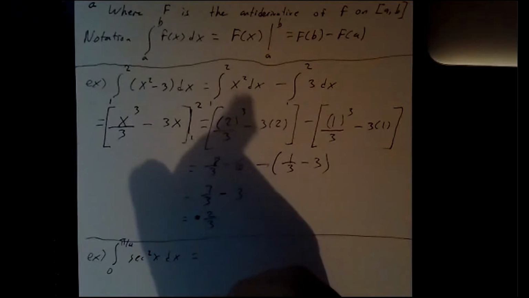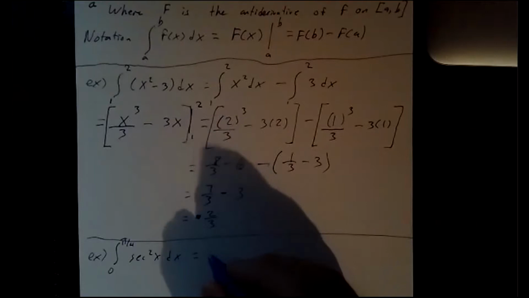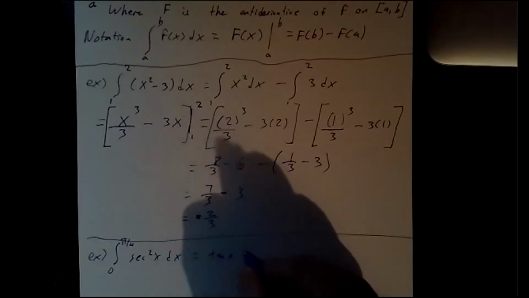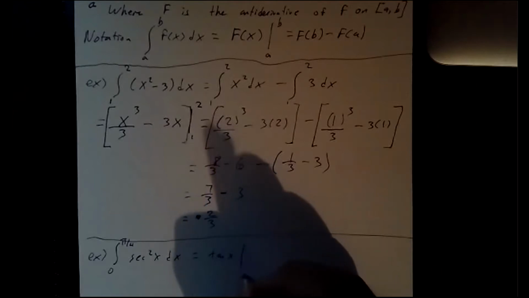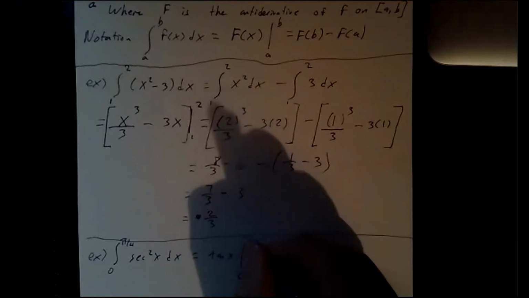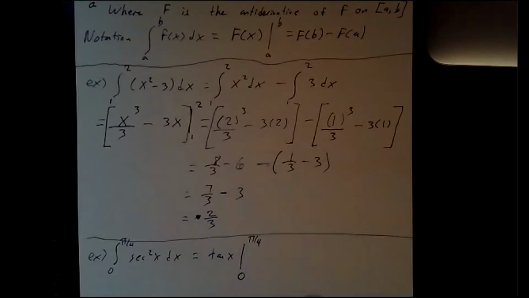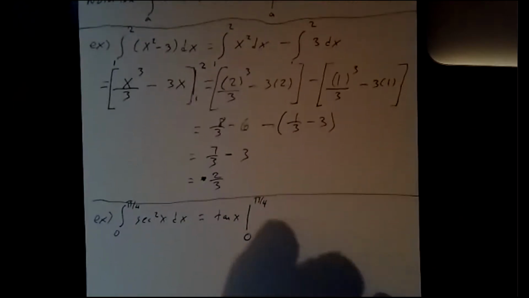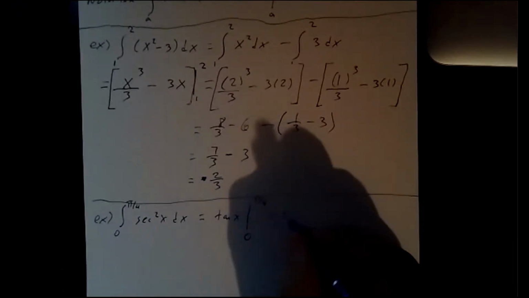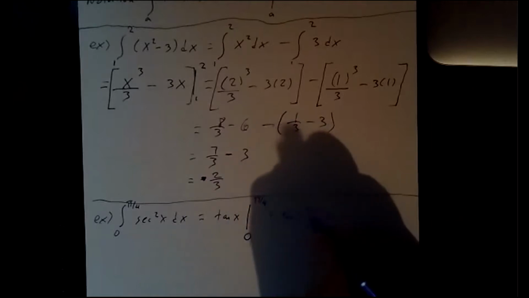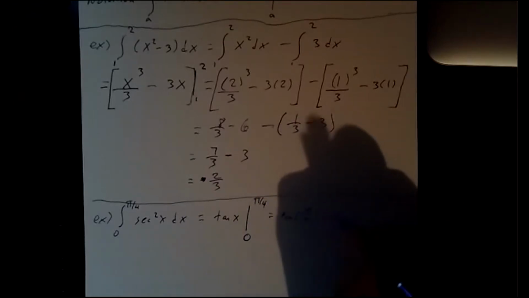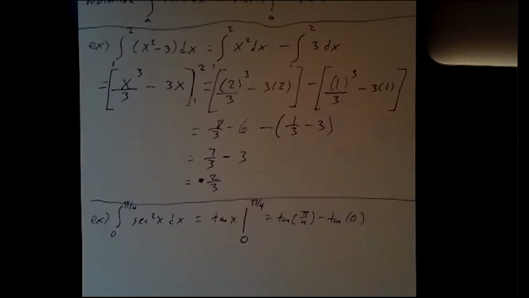Cosine. No, tangent, that's right. So tangent x. And we have to evaluate this new capital F from 0 to pi over 4, which will be tangent of pi over 4 minus tangent of 0. So that will be 1.